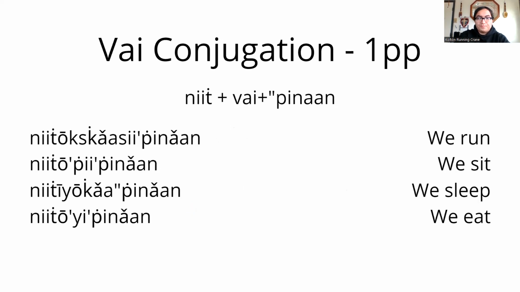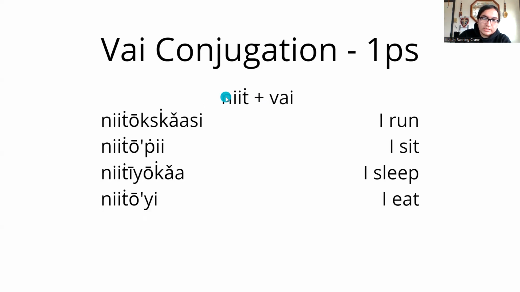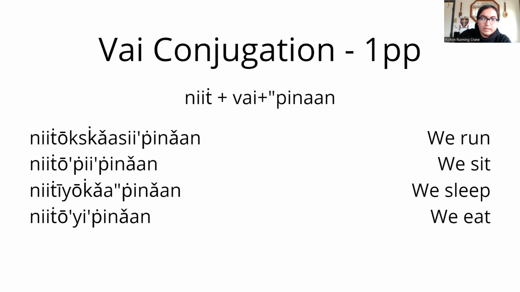Okay. Next up is first person plural, which would be we or us. To do this, it's the same beginning as first person singular, except you're adding this ishbenan at the end of the verb.